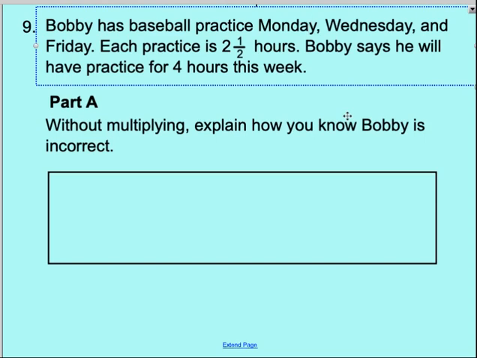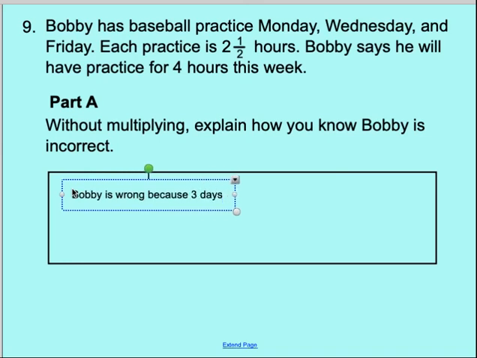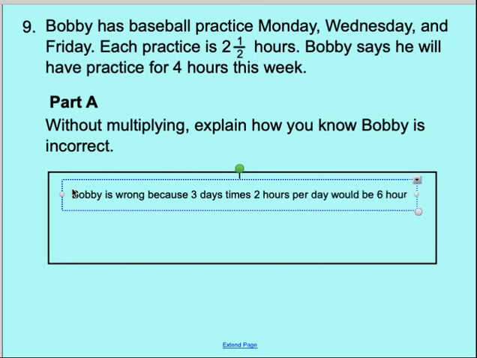All right, so Bobby has practice 3 times a week, right? Monday, Wednesday, and Friday. We know that he's going to be wrong because 3 days times 2 hours per day would be 6 hours.